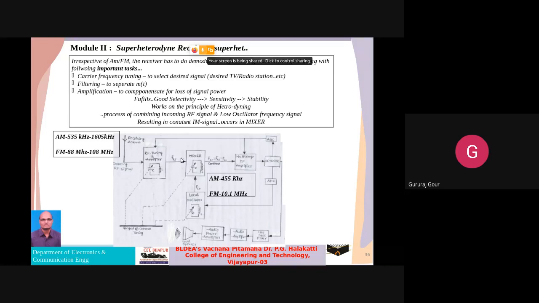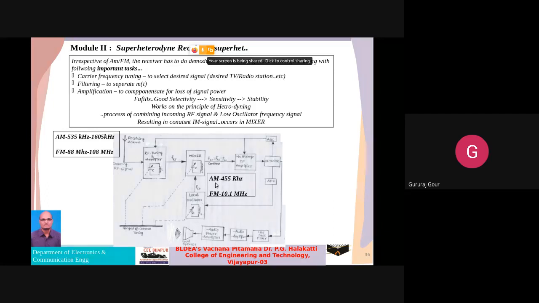Then here we are getting the RF signal that is mixed with the locally generated oscillator signal. So the main job of the mixer here is that it will generate FRF plus FLO or FRF minus FLO, depending on whether the carrier frequency is more or less than that of the local oscillator signal.